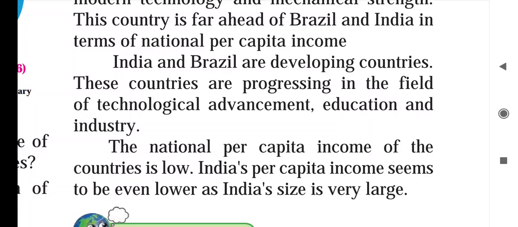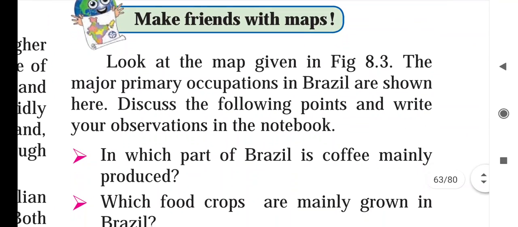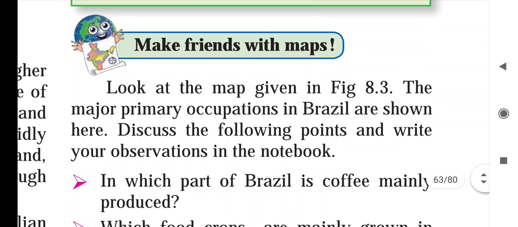India's per capita income seems to be even lower as India's size is very large. India's size is larger and population is larger, so that's also one reason.